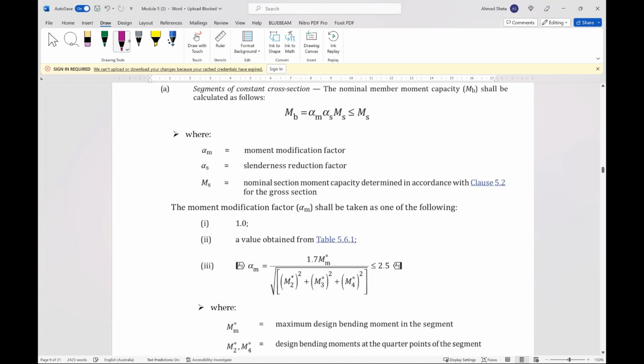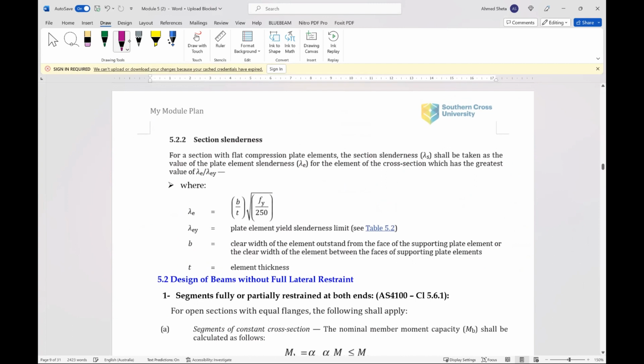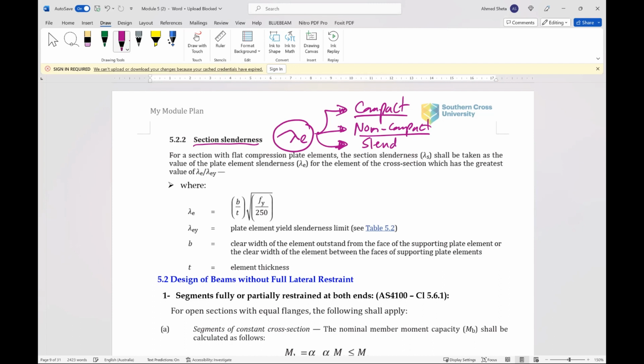Okay, so to know the section capacity, we need to find the section slenderness lambda e, which categorizes the member as compact, non-compact, or slender.